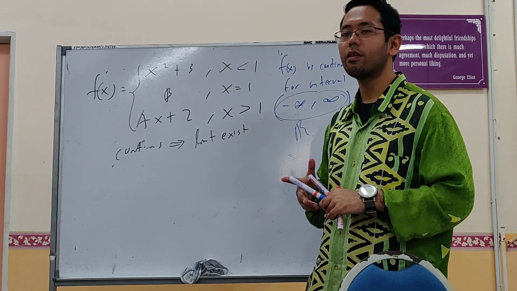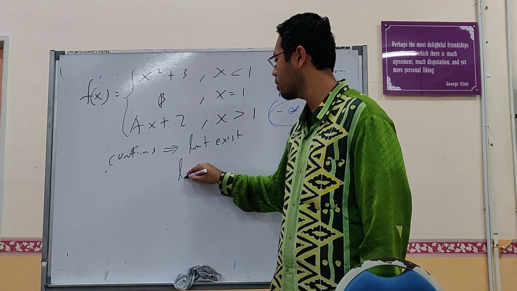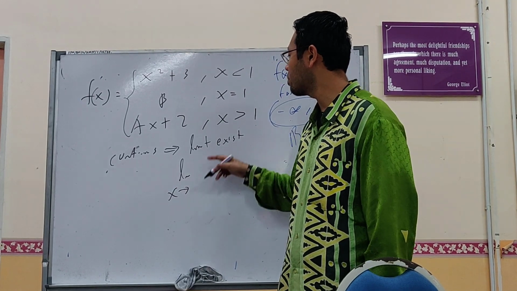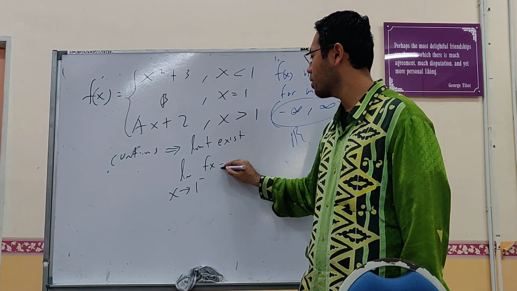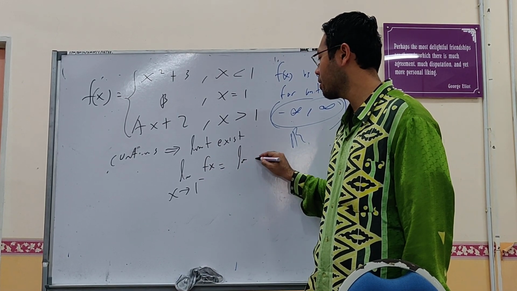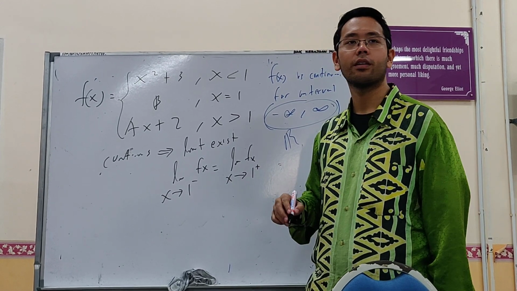How do we normally solve for the limit? We do x approaching the number, in this case 1. The limit of f(x) as x approaches 1 from the left is equal to the limit of f(x) as x approaches 1 from the right.